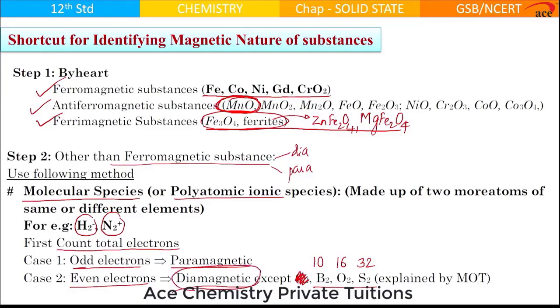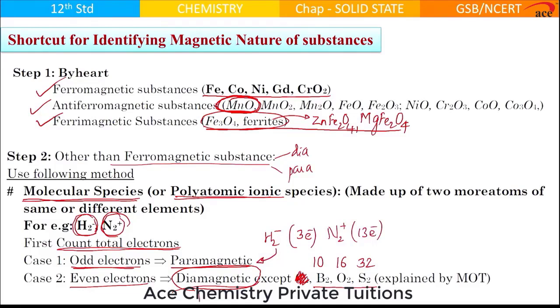I say it again. You should first check whether it is a polyatomic species made up of 2 or more atoms. If it is made up of 2 or more atoms like H2-, N2+, then count the total number of electrons. If the total number of electrons is odd, then it is definitely paramagnetic. Example, H2-, the total number of electrons is 3, so it is definitely paramagnetic. N2+, the total number of electrons is 13, so it is definitely paramagnetic.